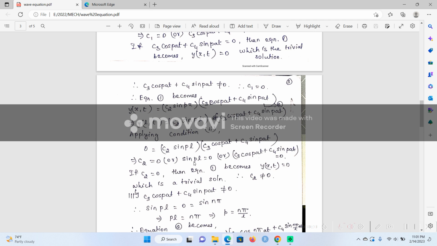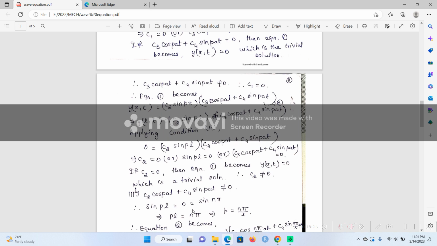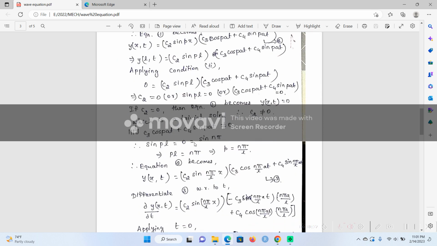So the final term will be sin pL equal to 0, but we know 0 can be replaced by sin n pi because sin n pi value is 0. So comparing this equation, we get pL value is n pi. From that p equal to n pi by L. So now we know our p value is n pi by L.